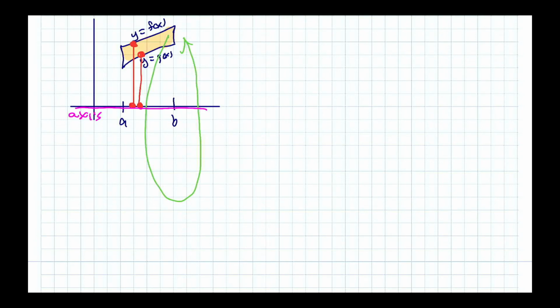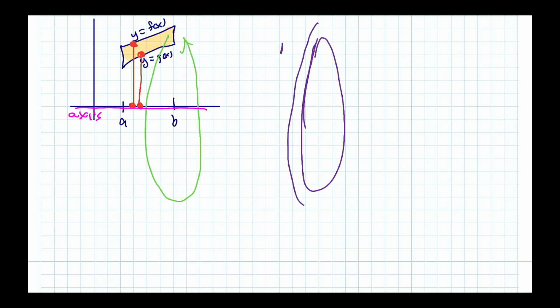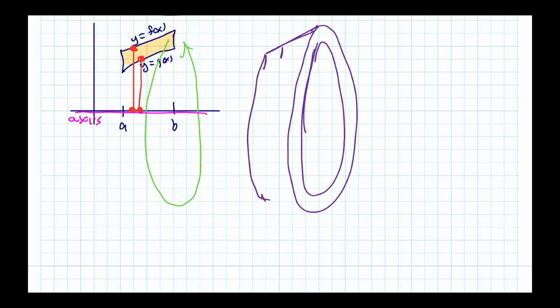Hopefully you can see that if you rotated that shape, you'd end up with something like this, where your volume here is the part that I've shaded, and the inside is just empty in the middle, right?